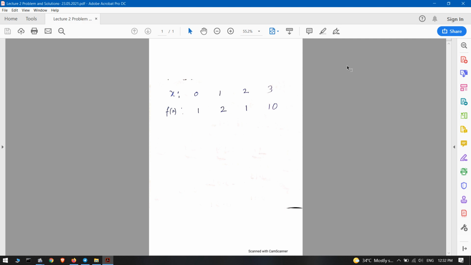Why 12? It is x into x minus 1 into x minus 2 by 6 into 12. Factorial 3 is there, no? One plus x, plus x into x minus 1 divided by 2 into minus 2.